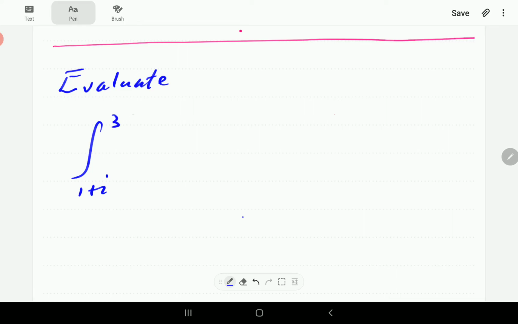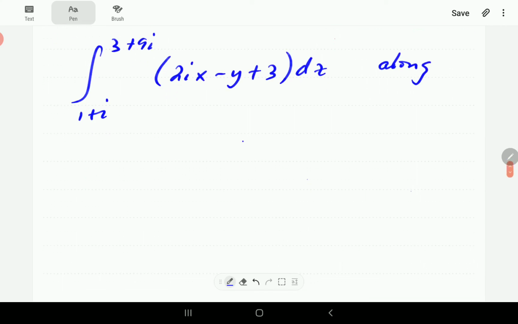the integral. So the integrand is exactly the same as before, dz. So this time it is going to be from 1 plus i to 3 plus 9i along the straight line joining the 2 points.